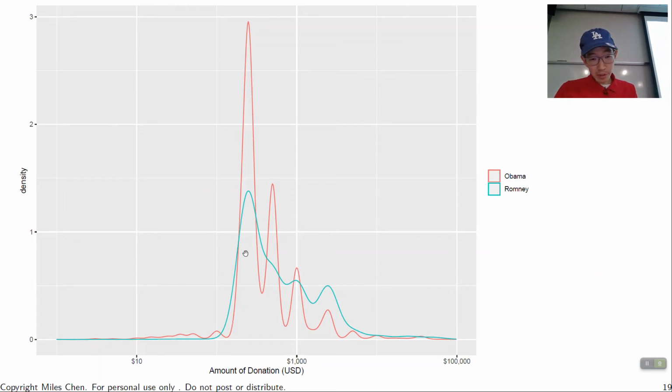And so if I had to guess, if this is 100 and 1,000, this might be maybe around $200, something around there, okay? And we seem to have a spike in both candidates around 200, and this is probably a spike around 500, okay? And this is a spike around 1,000.